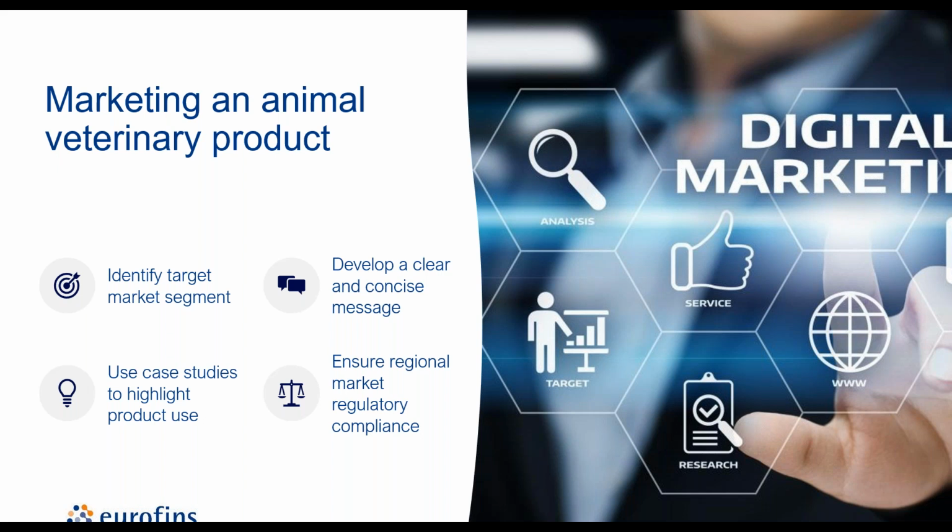Once it reaches the point of labeling and packaging, there are additional requirements that must be complied with, and following those steps will help ensure that the product is effectively marketed to the right target audience.